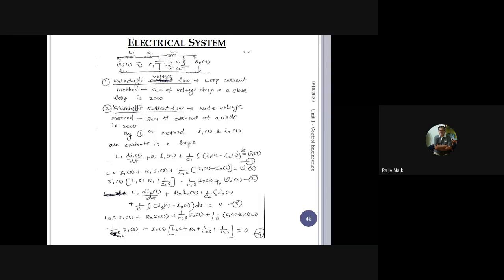In the numerator, since I am finding I2, we have to eliminate the coefficient of I2 and write the coefficients of the others, that is I1 and the right hand side of the equation. So in the numerator I have written the coefficient of I1 in the first equation, L1S plus R1 plus 1 upon C1S, and in the second equation it is minus 1 upon C1S.